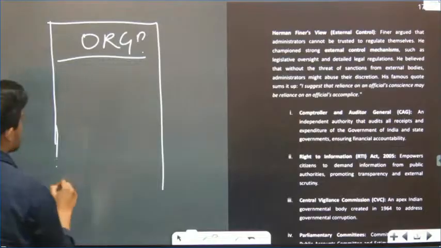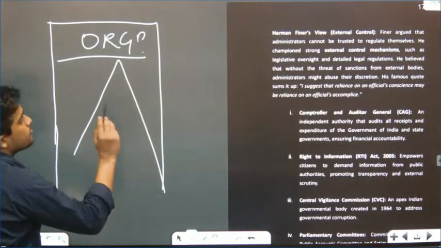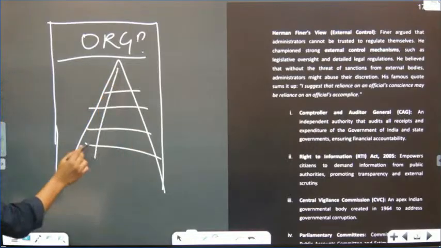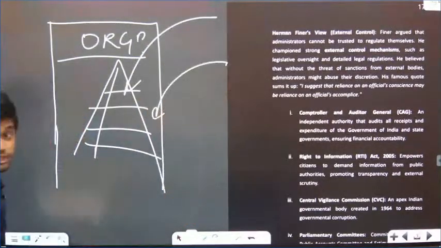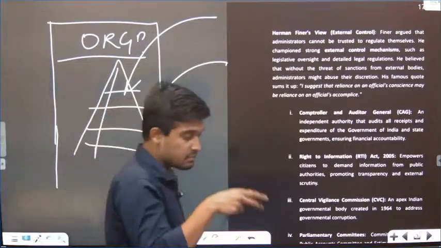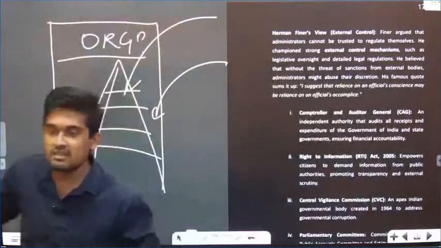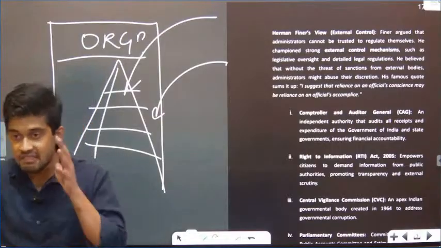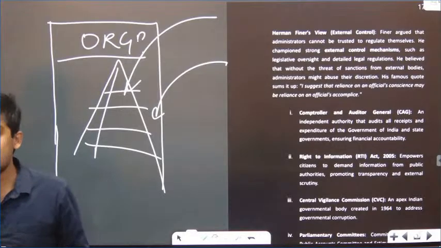Inside this organization, there is a hierarchical relation, for example. Control can be from inside, but can also be from outside: political authority, judicial authority, etc. So if this is an administrative organization, control can be from inside also. Senior is controlling the junior. Similarly, senior is controlling the senior and junior. That is inner, inside the organization. If control is coming from outside, that is from outside.